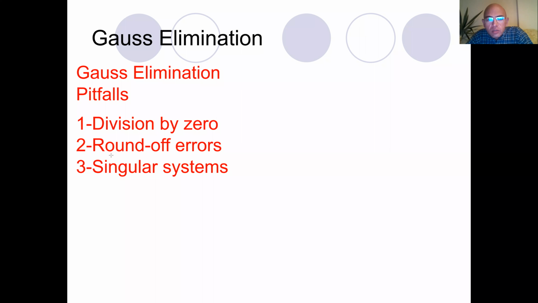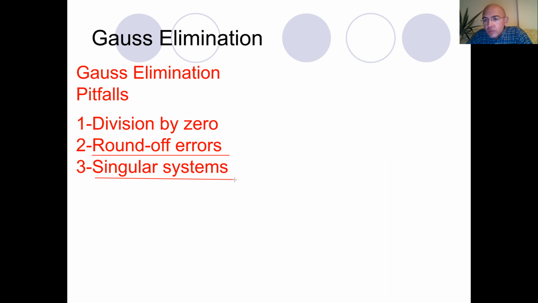Since you do many operations, and in each operation you have some round-off error, these round-off errors accumulate in some cases and become huge and may be significant. This is another thing. And the third drawback is the coefficient matrix may be singular.